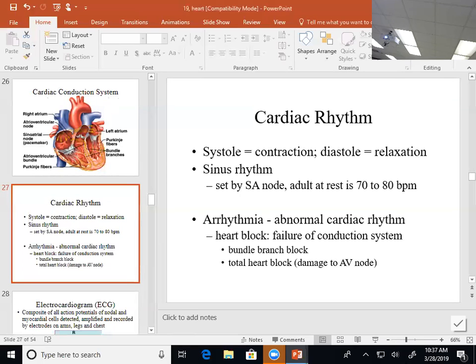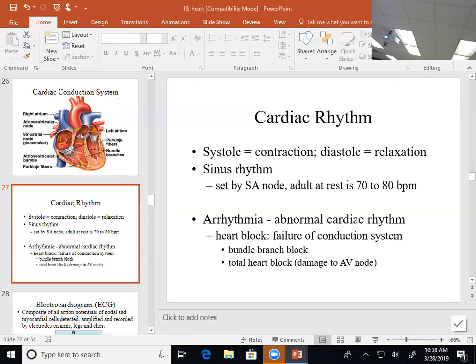Why do we want exact rhythms? Because the rhythm of the heart allows the heart muscle to relax in between. It's a built-in refractory period for this muscle that we call the heart, and that helps the heart to keep going. When it's out of rhythm, this can indicate a very serious situation, right?